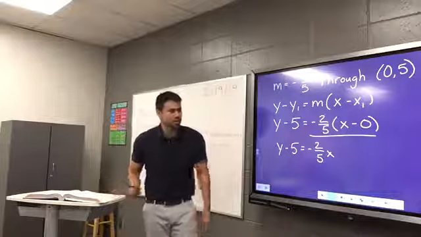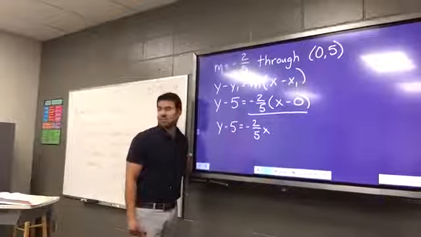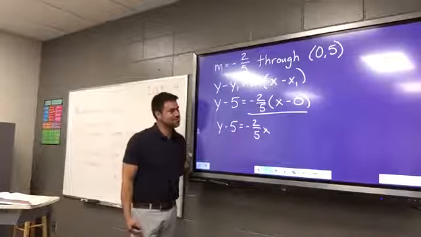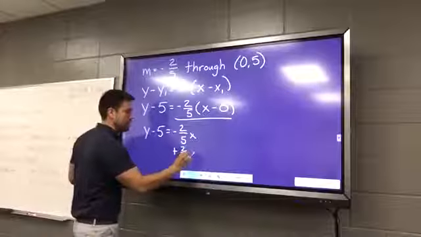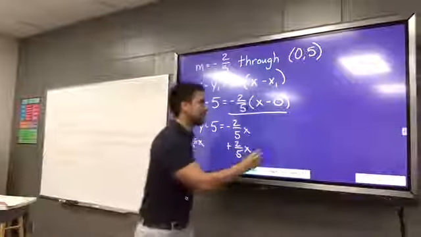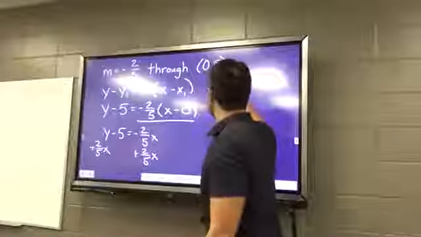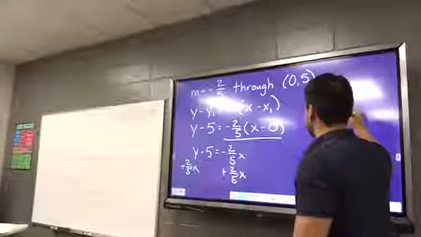Drew, what are you going to do here? Your choice. Add 2/5 x. All right, I can do that. It's allowed. What do you get? 2/5 x plus y equals 5.